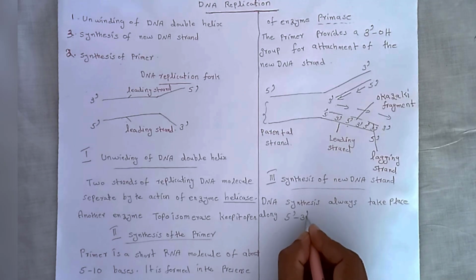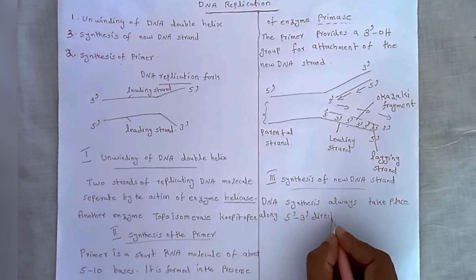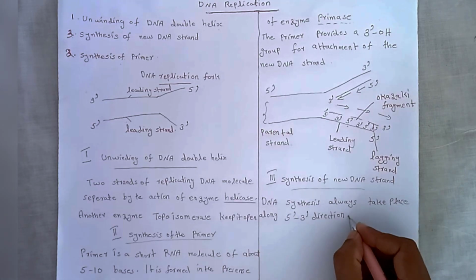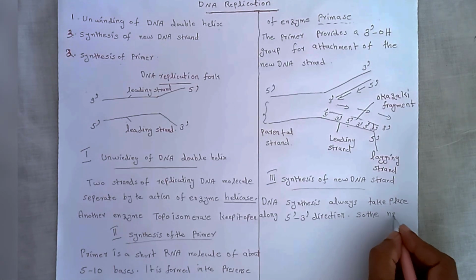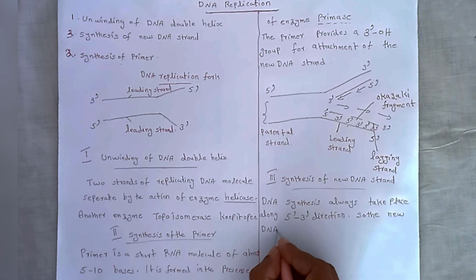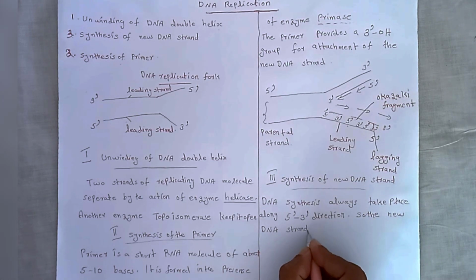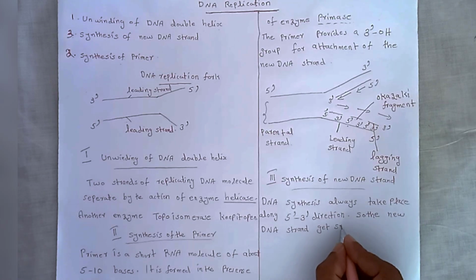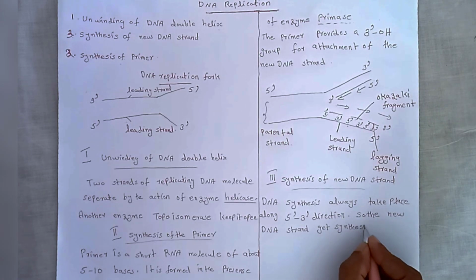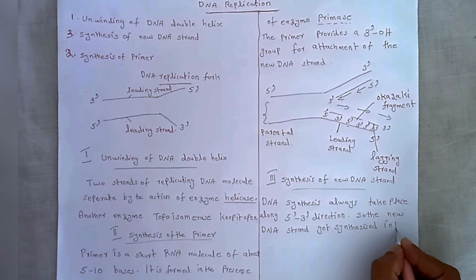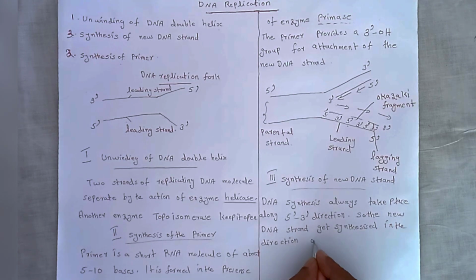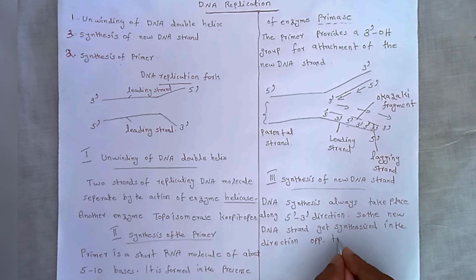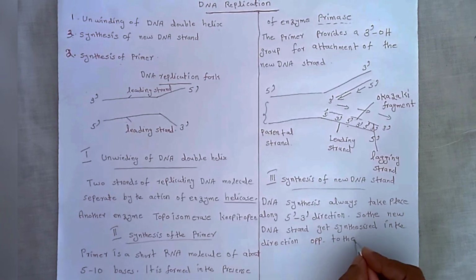5' to 3' direction. The new DNA strand gets synthesized in the direction opposite to the leading strand. The leading strand acts as a template.